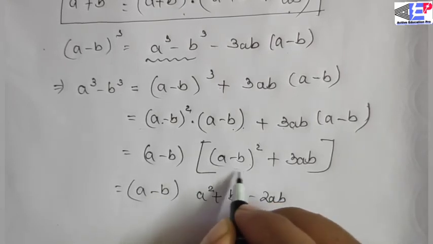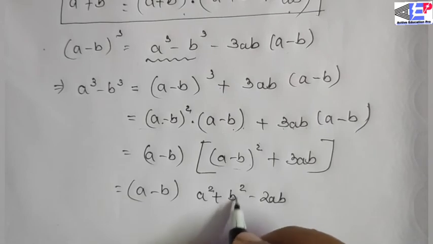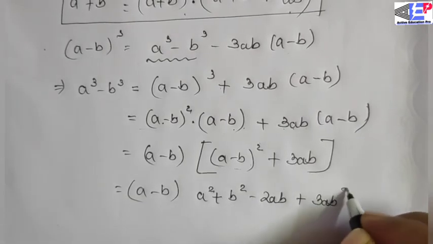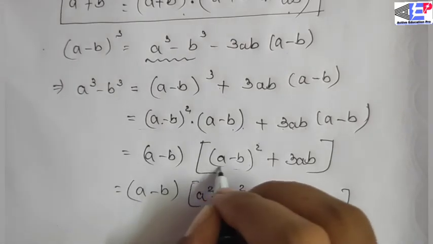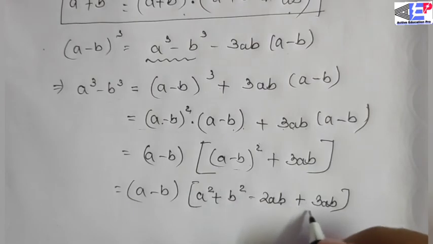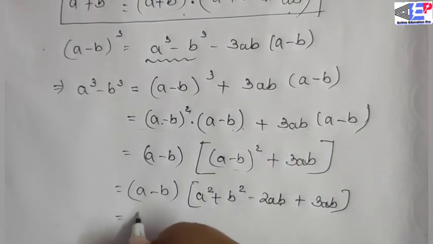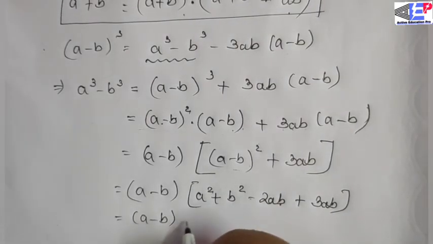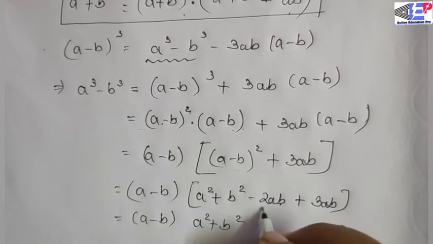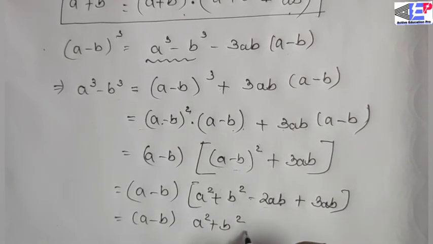We know the formula of (a minus b) whole square is a square plus b square minus 2ab. Then write plus 3ab. So (a minus b) into a square plus b square, and these two terms are like terms, so your answer will be plus ab because they are of opposite sign.